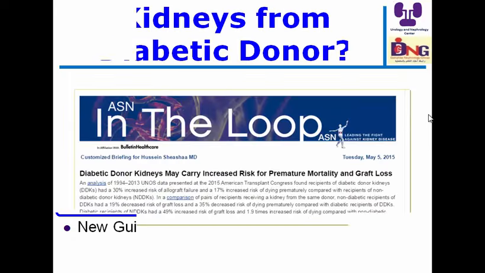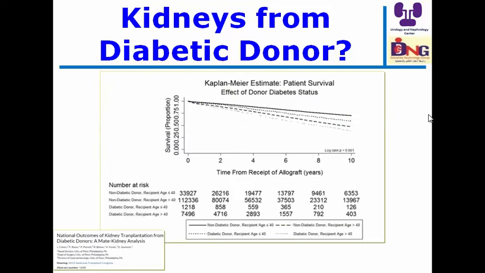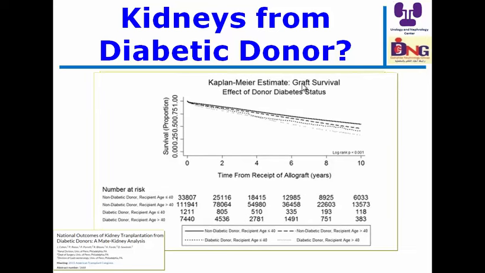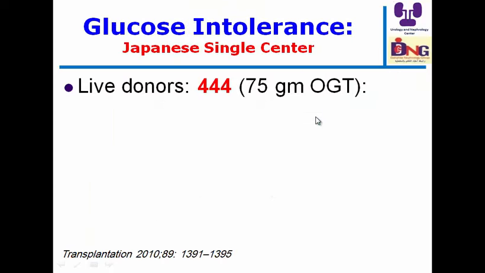What about the donation? This is in cadaveric organ. The older age and the presence of diabetes in the donor is an important risk factor for reduction of patient survival and reduction of graft survival. This is a cadaveric study, and here in Japan in one center, this study included 444 patients.